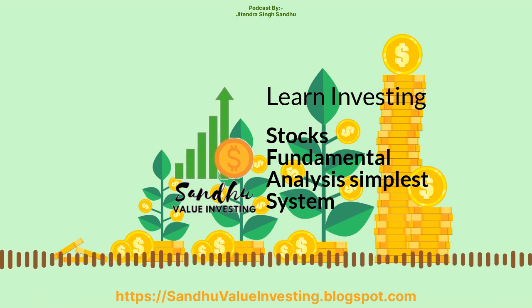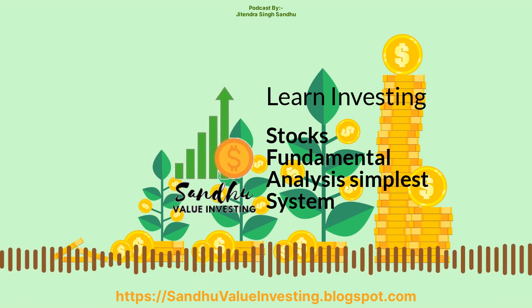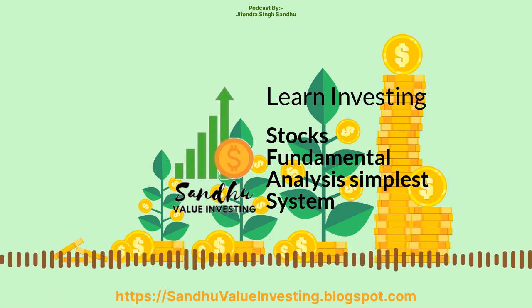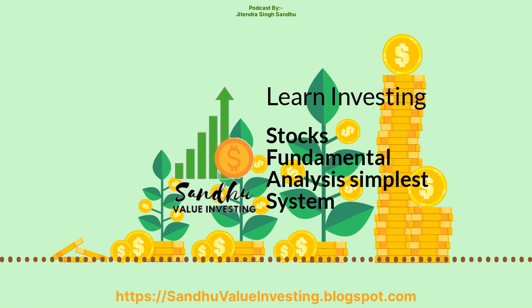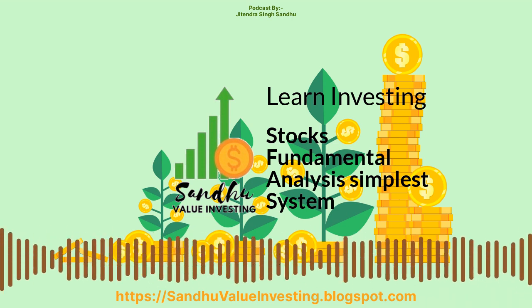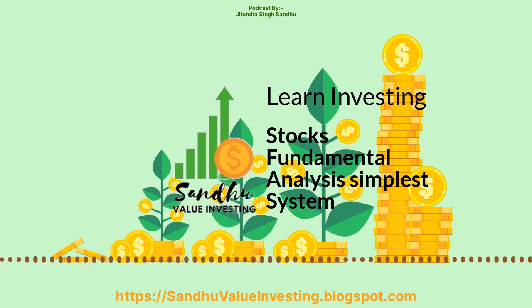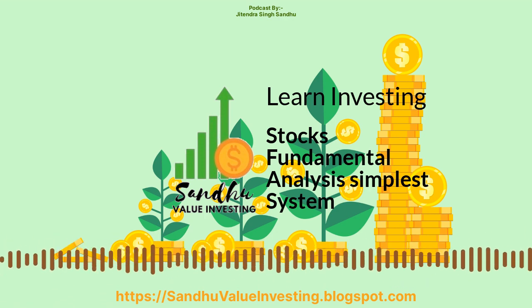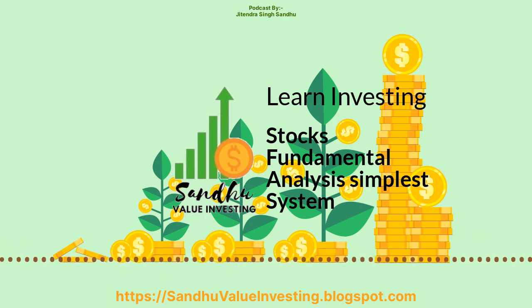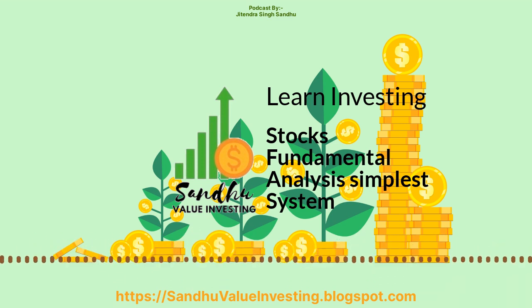Then this notebook gives you a system to find the best performing stocks, the worst performing stocks, and the multi-bagger stocks. So if you wish to do fundamental analysis to find the best performing stocks which give you good results in the upcoming future, and if you want to search for multi-bagger stocks which can turn your life around and become a turning point in your life, then this notebook, this system of doing fundamental analysis, is very good for you.